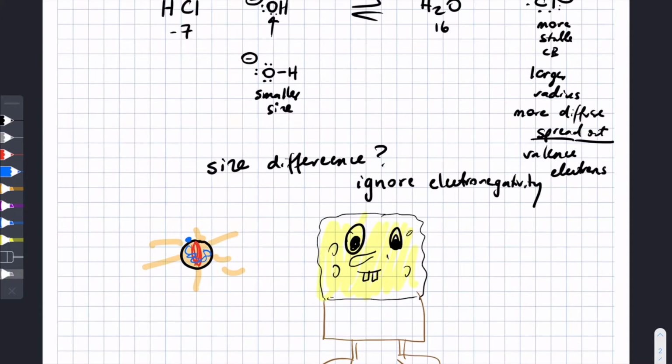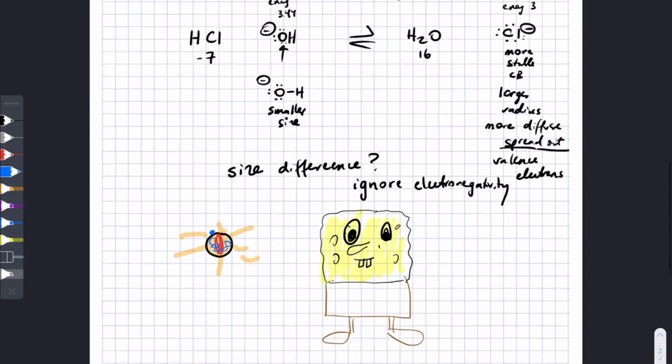I really tried, but hopefully you can see that for atoms, being able to spread out their valence electrons over a larger area is a stabilizing thing. And so in terms of reactivity, Cl- is not as reactive as OH-, even though oxygen's more electronegative. When there are size differences, we'll focus on those instead of electronegativity.